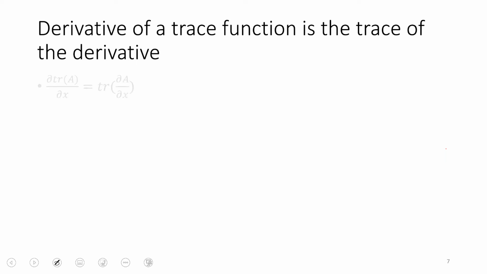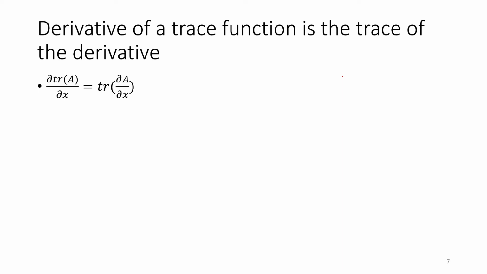What that means is the derivative of the partial trace A with respect to x is the trace of partial A to partial x. This is straightforward.